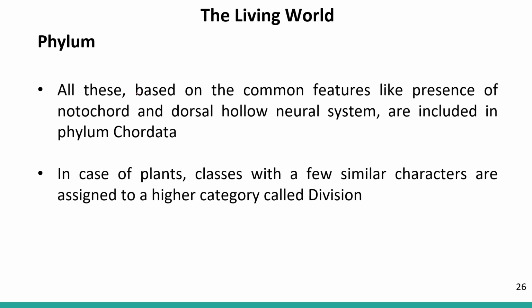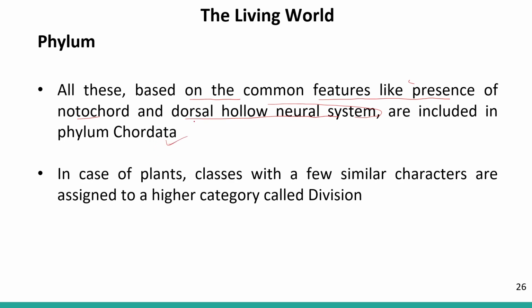Now, we were talking of phylum Chordata. All these fishes, amphibians and mammals are categorized in phylum Chordata based on common features like the presence of notochord and dorsal hollow neural system. So all these organisms are placed in phylum Chordata.